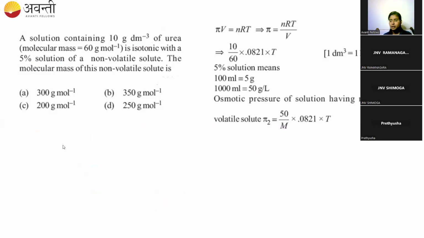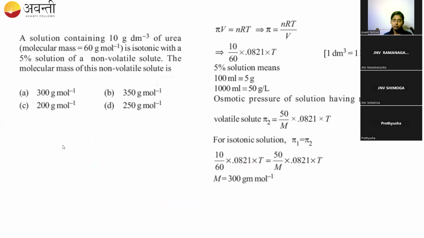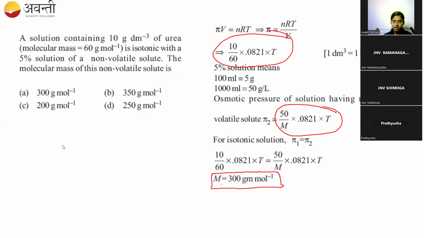For isotonic solutions, the osmotic pressure will be the same, so π1 will be equal to π2. We have to equate these two, the first solution's osmotic pressure and the second solution's osmotic pressure, and get the molecular mass of the non-volatile solute as 300 gram per mole. So option A will be the correct answer.